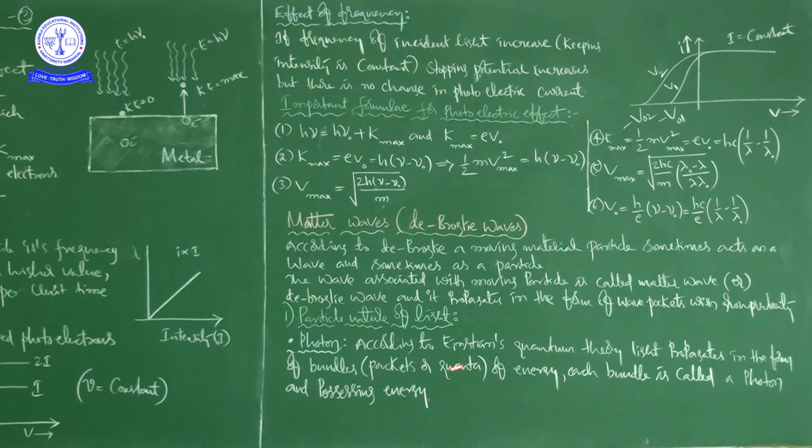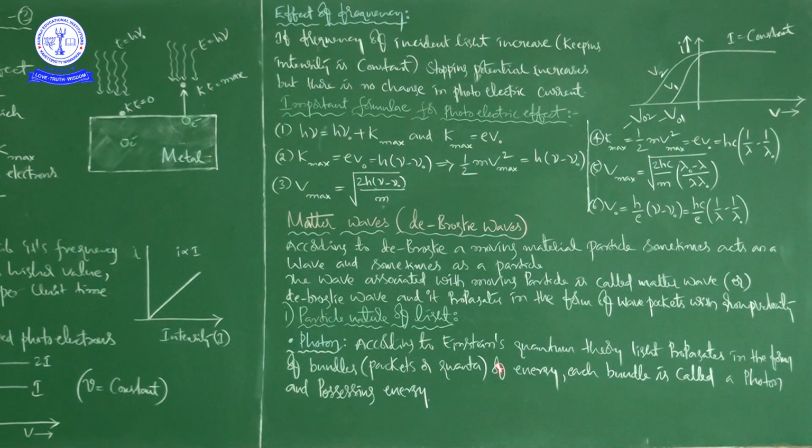That bundle is called a packet or quanta. When light propagates in the form of bundles of energy, each bundle is called a photon, possessing energy.